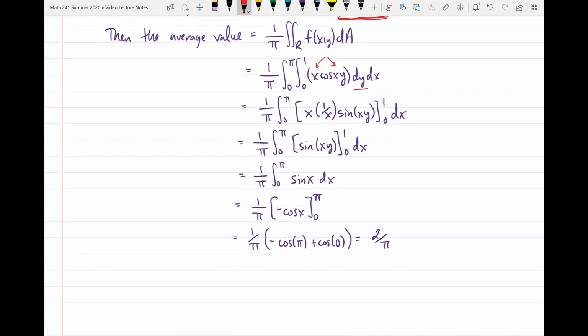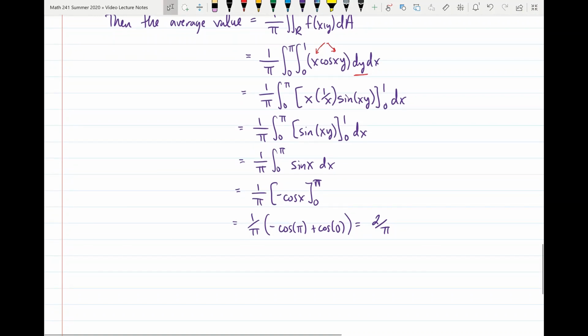So we evaluate that inner integral from 0 to 1 of x times cosine xy dy. Again, we treat x like a constant, so that's just going to stay the same over here. But the integral of cosine of xy with respect to y is going to be equal to 1 divided by x times sine of xy. And now the x that's right here is going to cancel with the x that's right here.